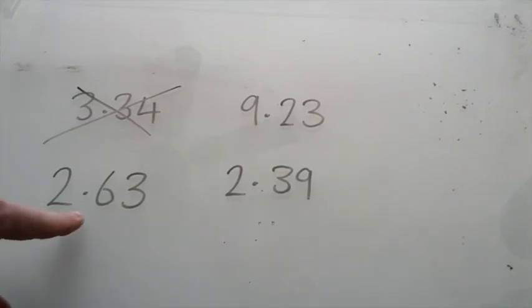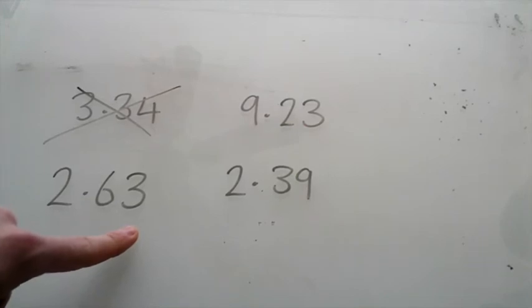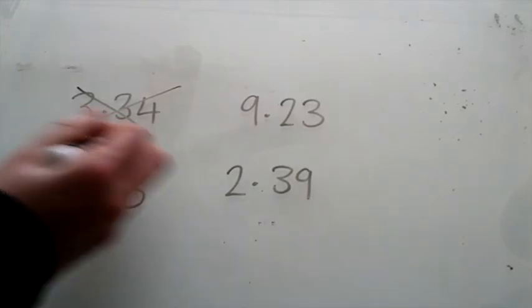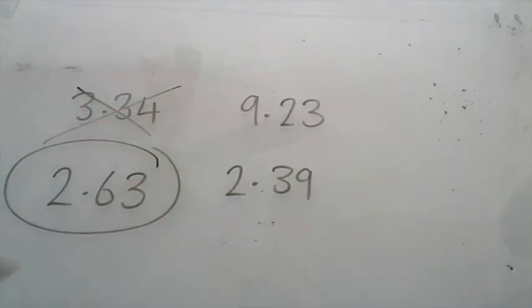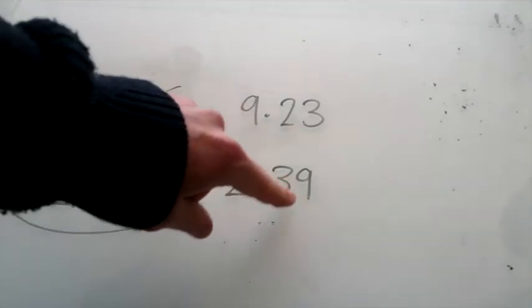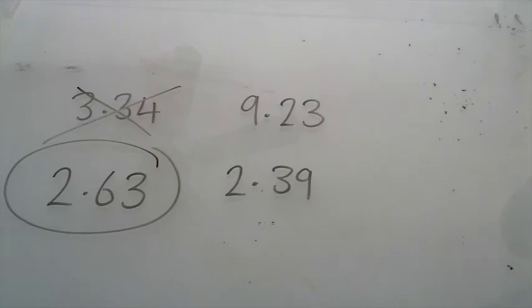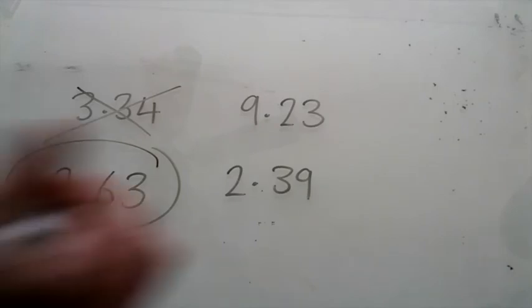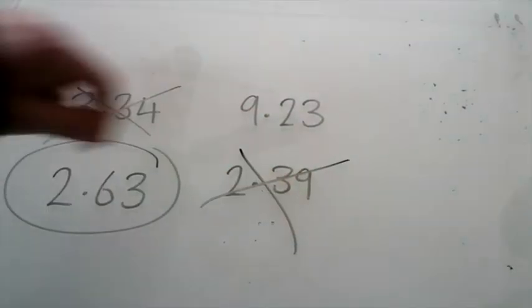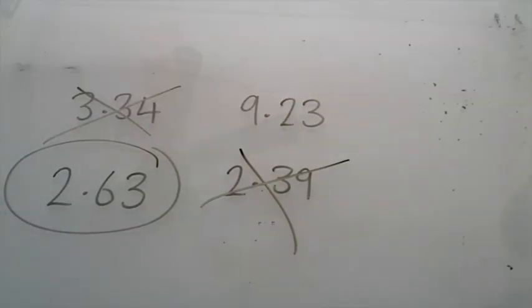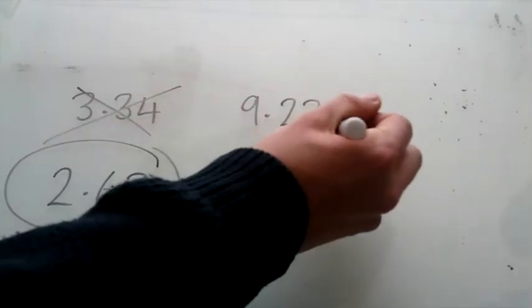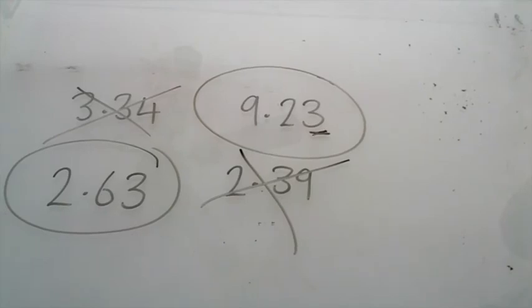We've got 2.63, ones, tenths, hundredths. So that one does have the 3 digit in the hundredths column. We've now got 2.39. Does that one have a 3 in the hundredths column? No. And that one, 9.23, that one does have a 3 in the hundredths column.